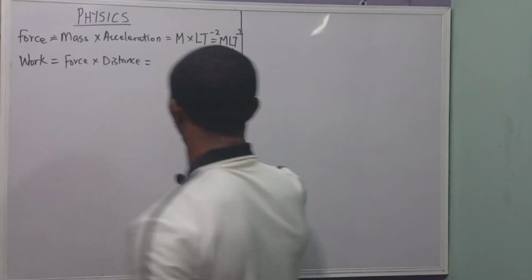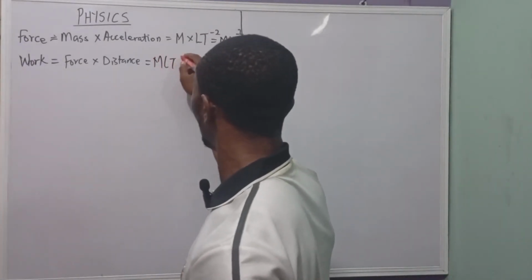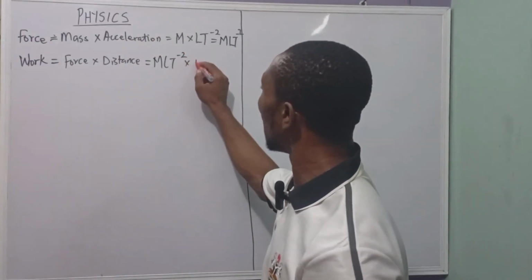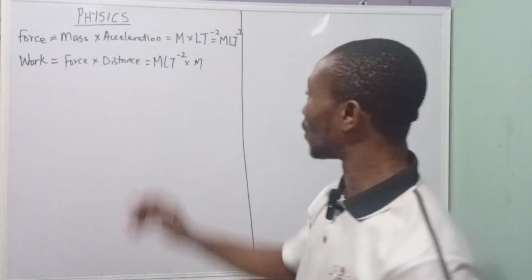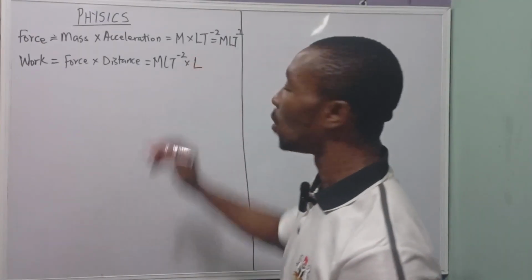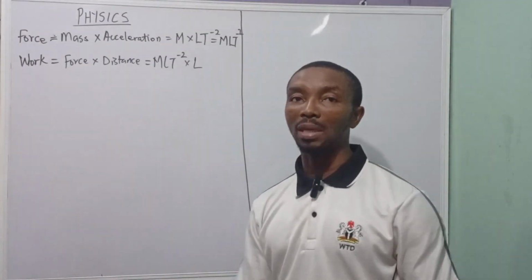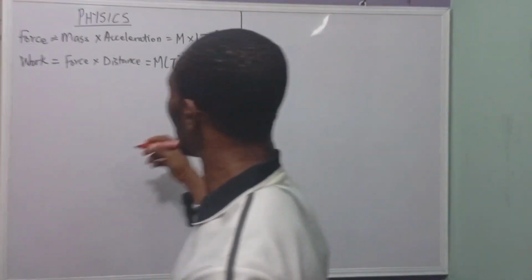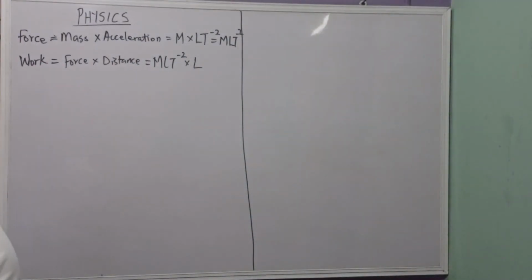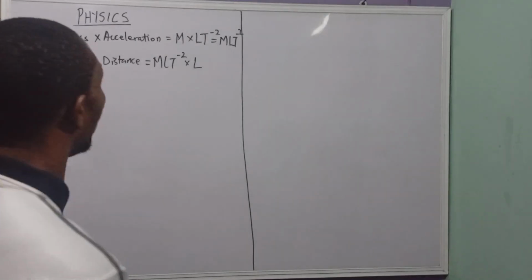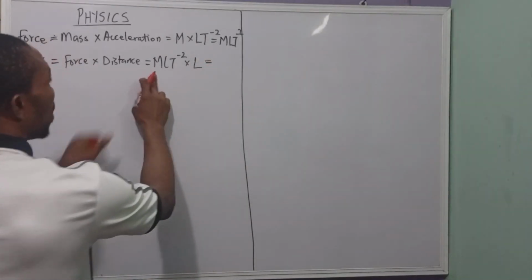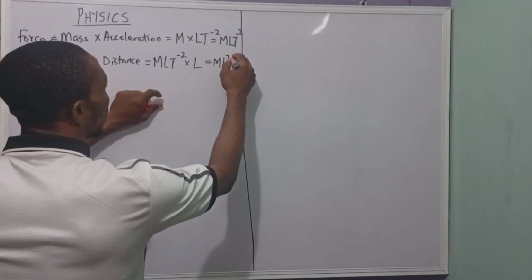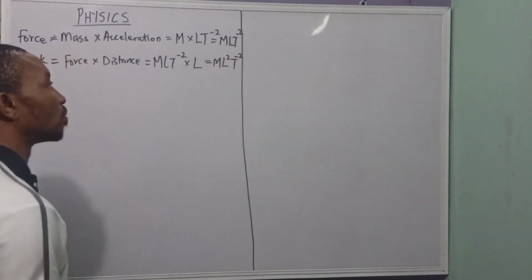We found force to be M L T raised to minus 2, and the distance is our length, because distance deals with kilometers, meters, centimeters, millimeters. So multiplying this, the dimensions for our work will become mass, L times L, L squared, T raised to minus 2.